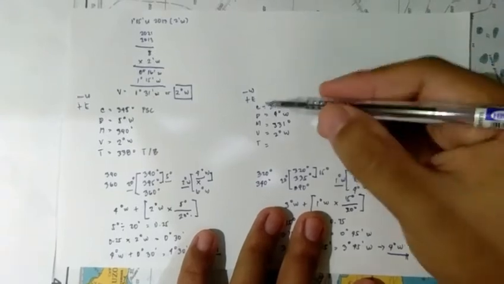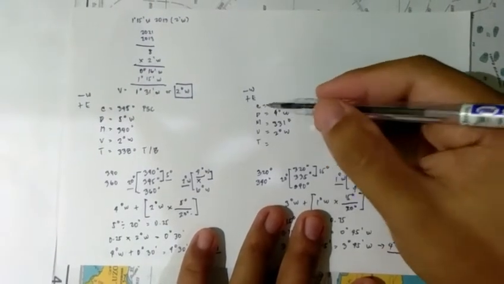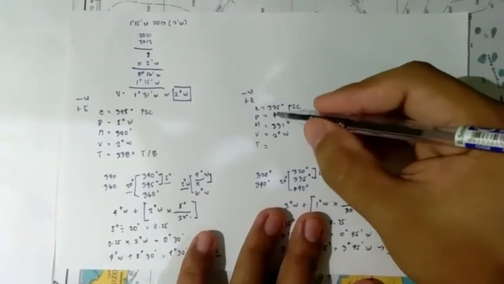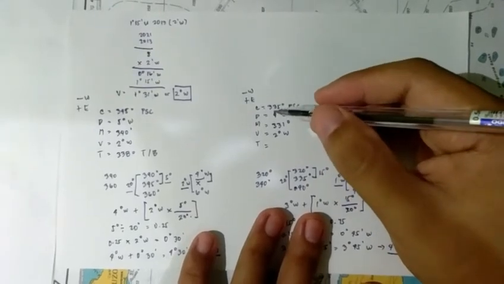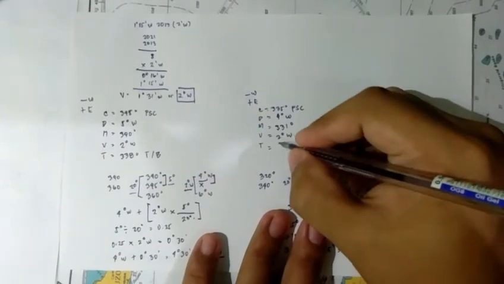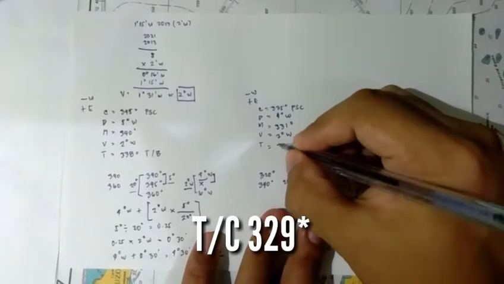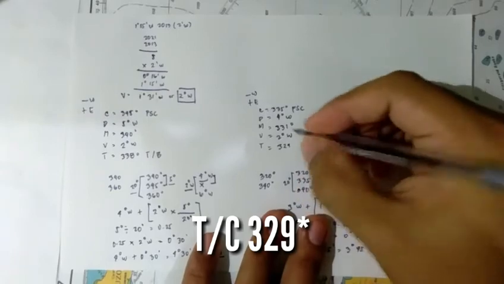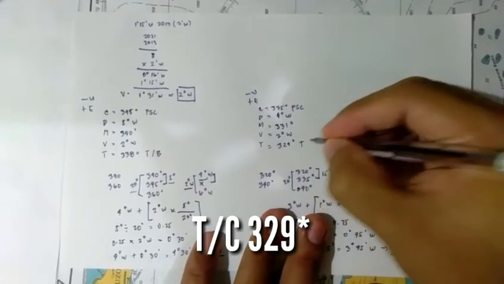In order to get our true course, we will minus 331 minus 2 degrees west, so we will get 329 degrees as our true course.